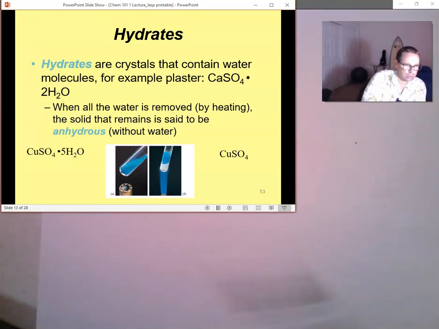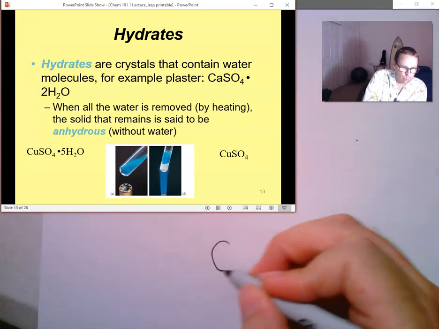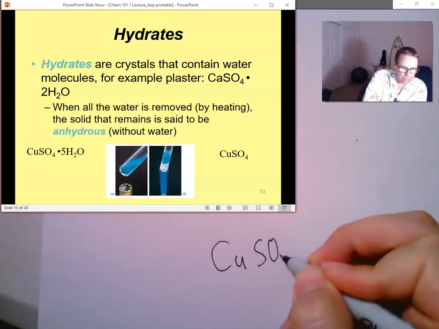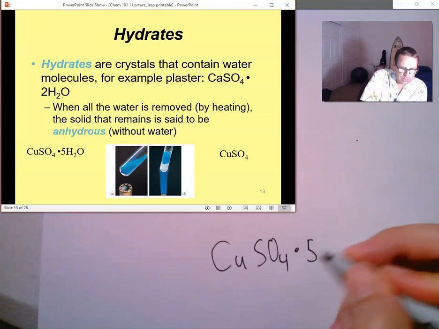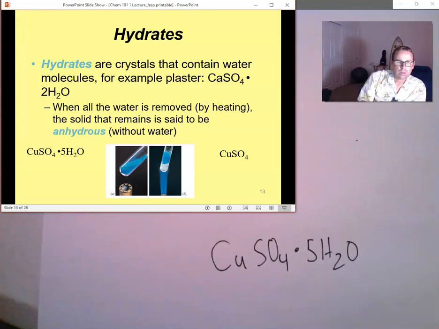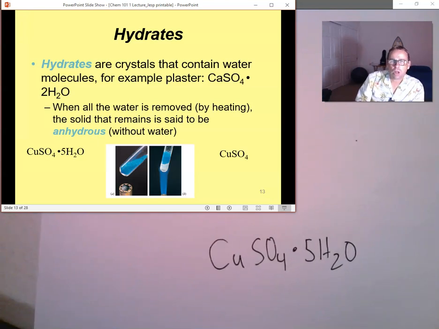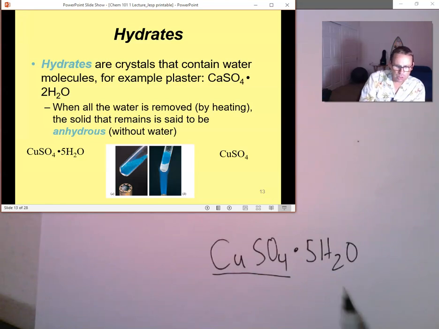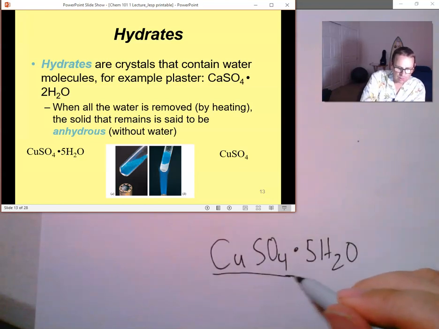So here we go. If I have 1 unit of copper sulfate pentahydrate, how many water molecules do I have for every unit of copper sulfate? That's right. I have 5.